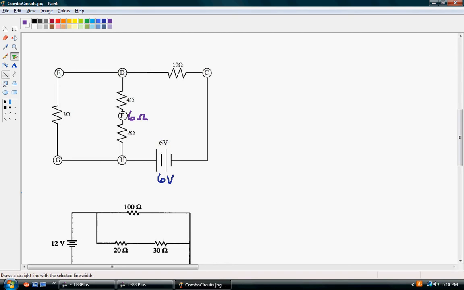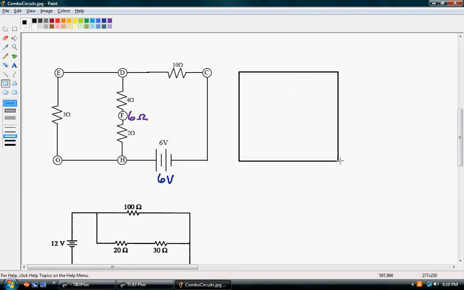At this point, we can redraw our circuit, and this is a very simple redraw. And we'll draw this line as well.